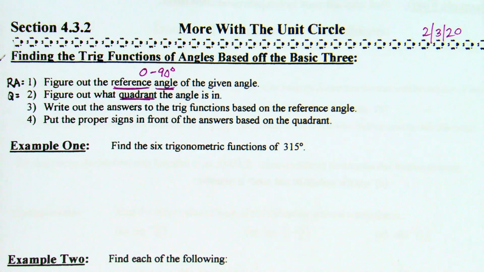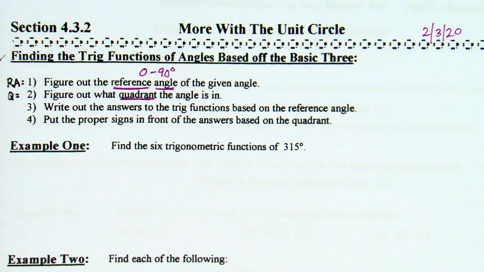Because if you think about 315, here's what I know. It's more than 270, but it's less than 360, right? At this point, I would like to think that you guys know what each of the axes are, right? That it's 0, 90 degrees, 180 degrees, 270, and then 360. I would like to think you guys have a basic grasp of that.